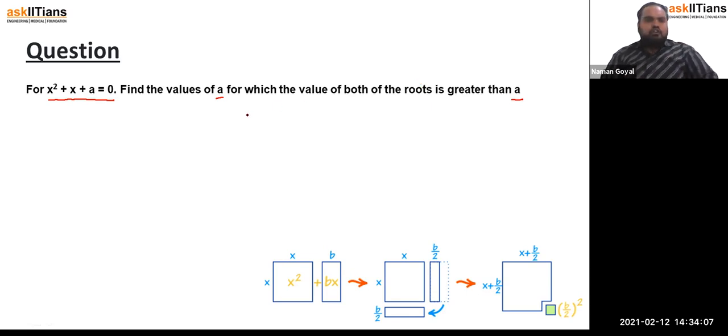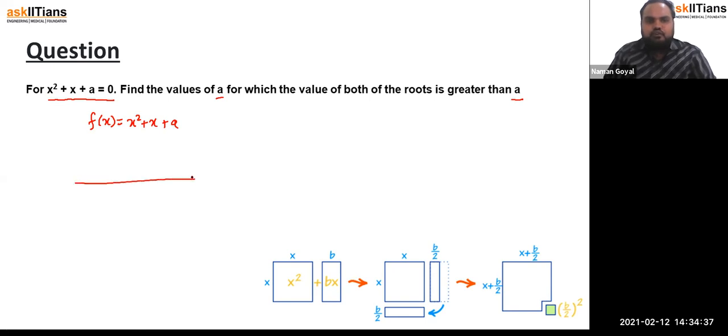Okay, so now we are going to do this. The polynomial we have is f of x equals x square plus x plus a, right? The coefficient of x square is positive, so the graph will cut the x axis, right? Both roots are greater than a number a.